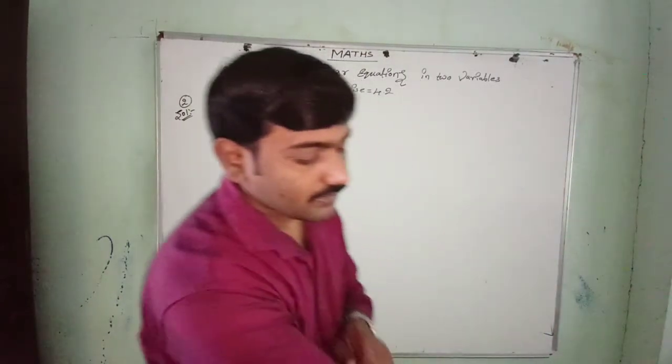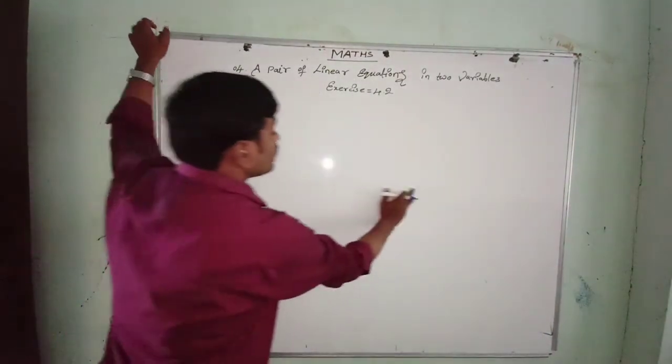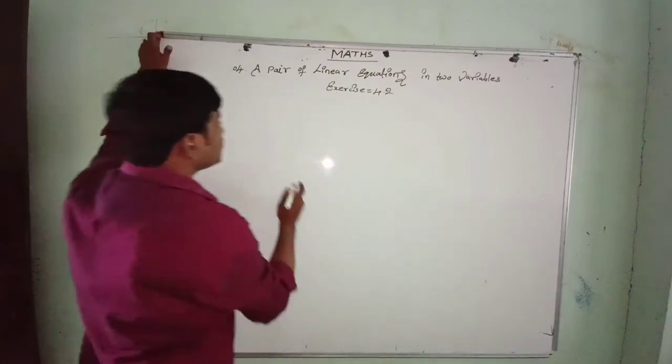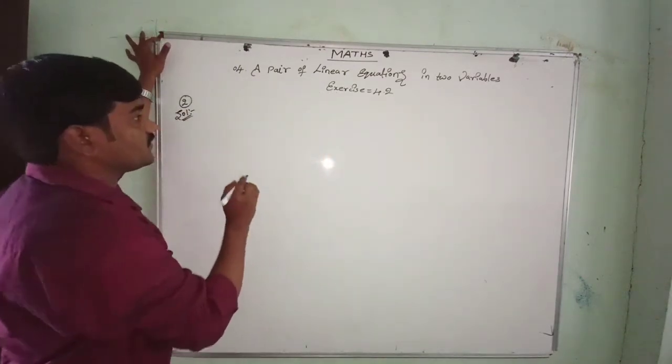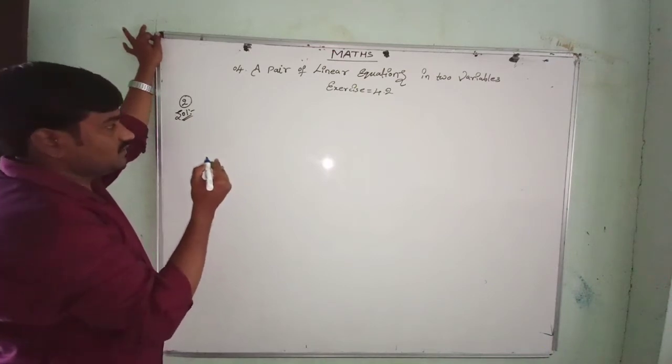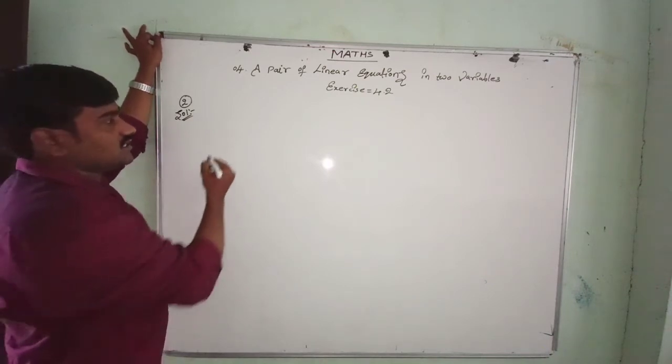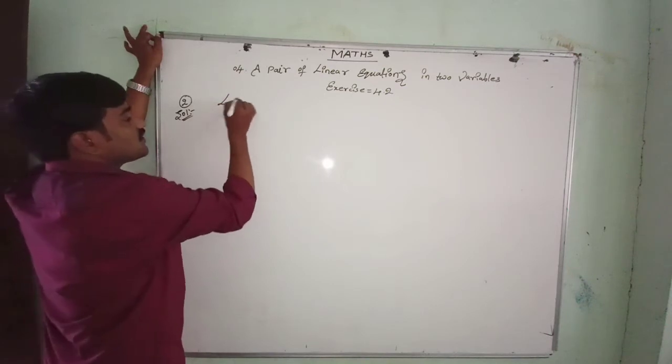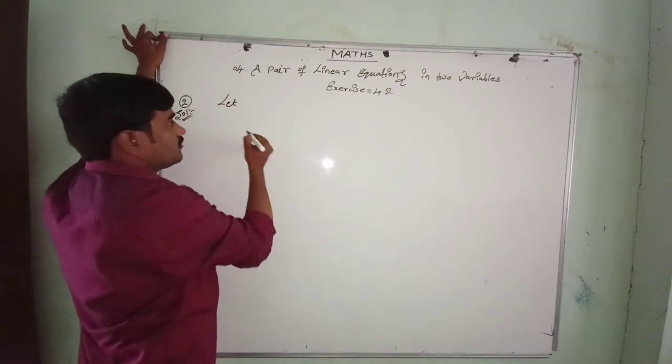Let's go first for what the tens place of the number is. Let us assume, as he did not give what the two-digit number is.